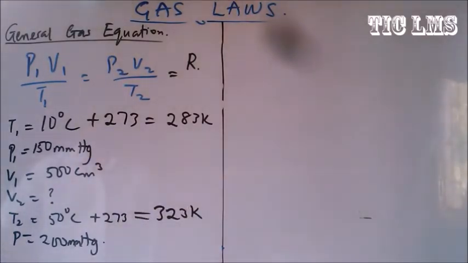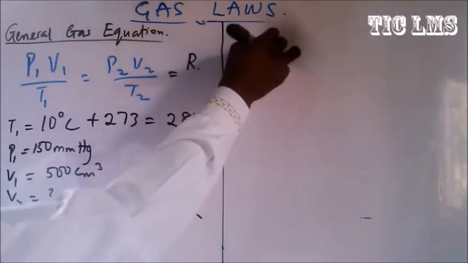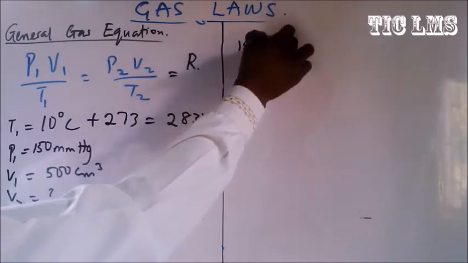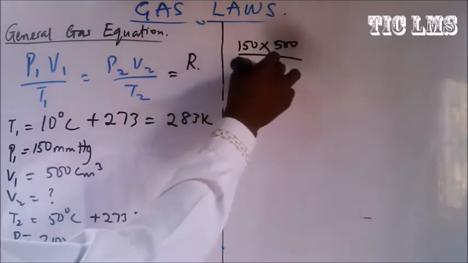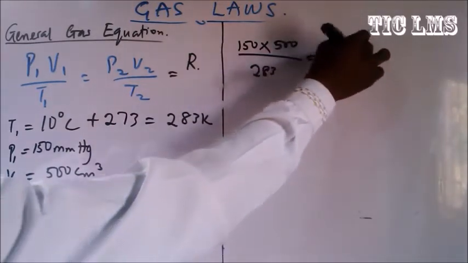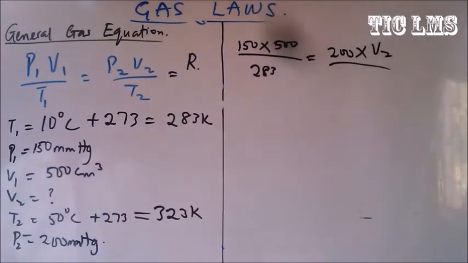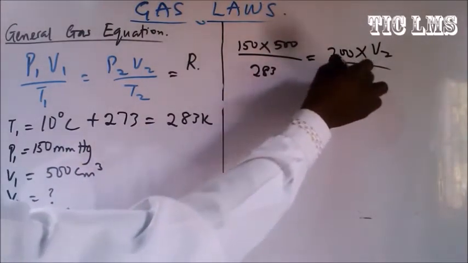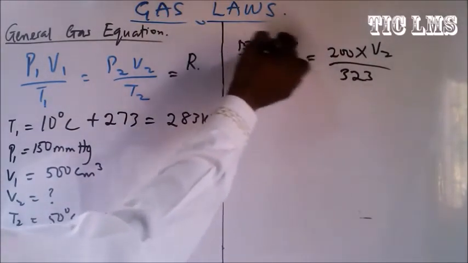Next, we'll substitute our values into this particular equation. Our P1 is 150 multiplied by V1, which is 500, divided by T1, which is 283. That is equal to P2, which is 200, multiplied by V2, which is what we are looking for, that is unknown, and T2, which is 323. We'll cross multiply, that is, this multiplies everything here.